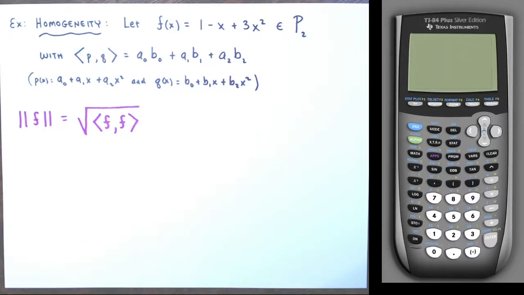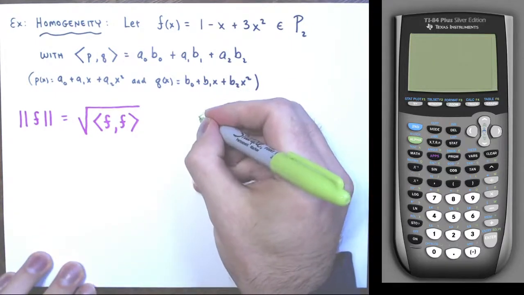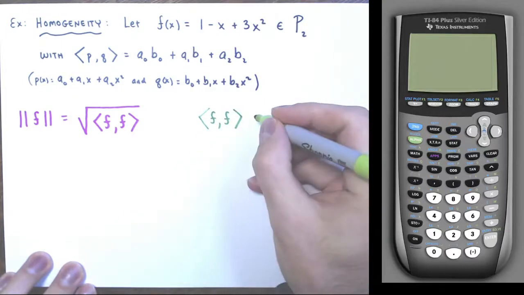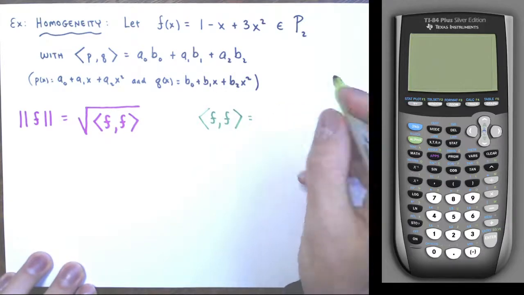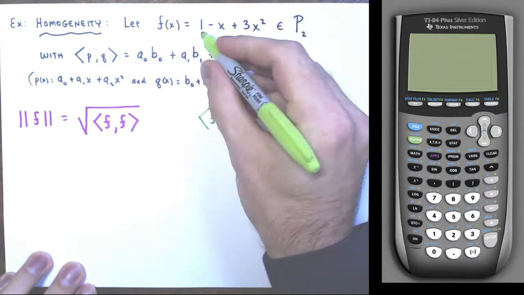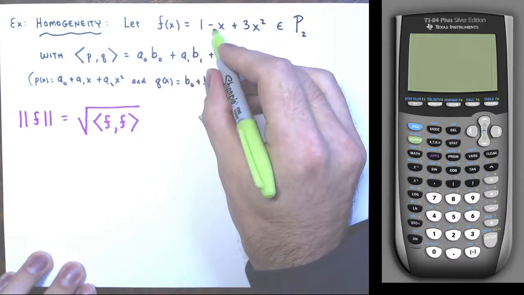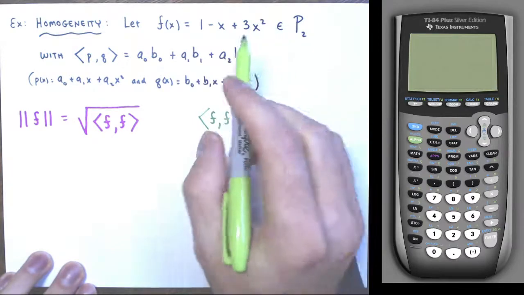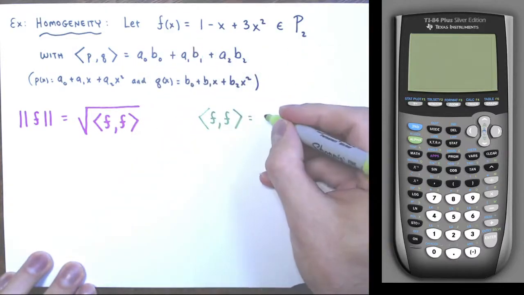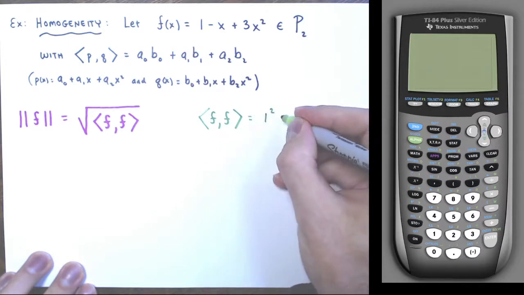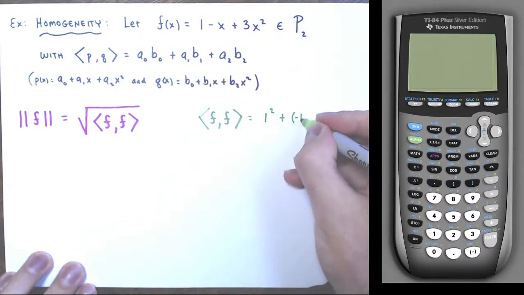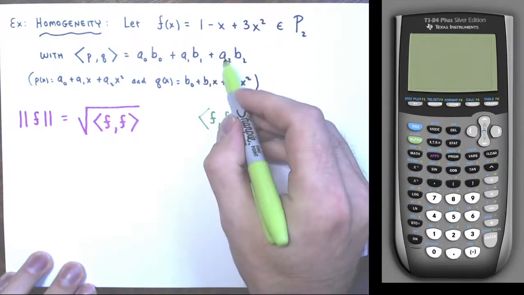All right, so let's find this. What is the inner product of f with itself? So this would be, a0 is 1, a1 is -1, the coefficient of x to the first, and a2 is 3. So a0, b0, they're both 1, so 1 squared plus a1, b1, that's -1 times -1, so -1 squared, plus a2, b2 is 3, 3.